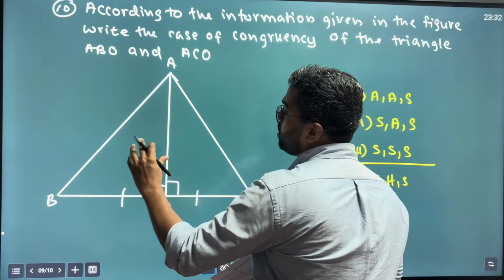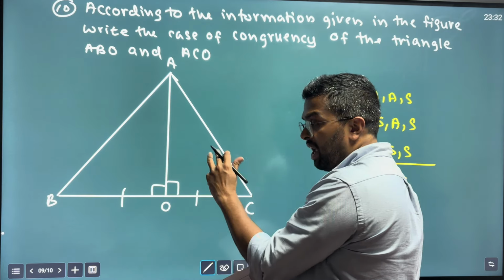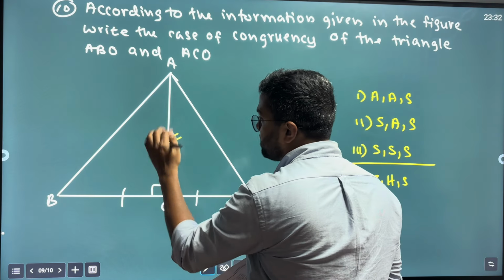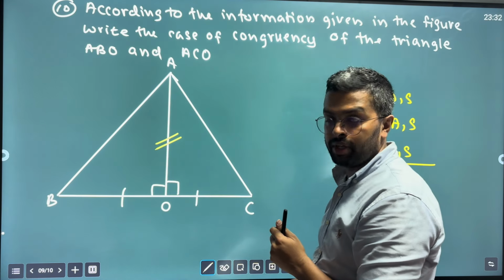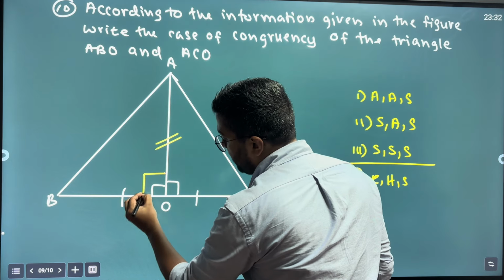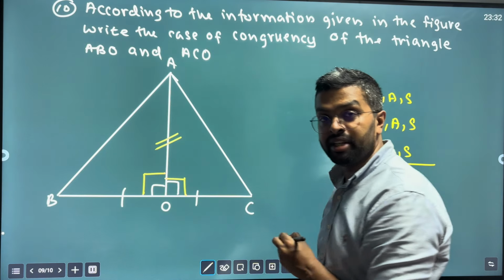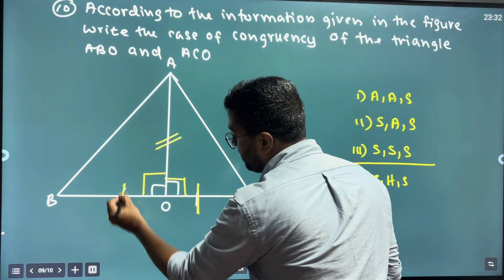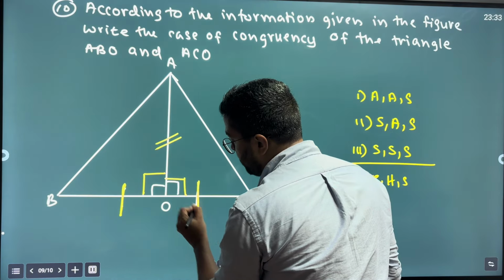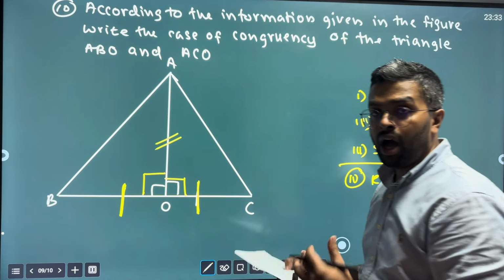Now when you consider this triangle and the other triangle, both have the same side, so one side is equal. This angle is 90 degrees, this angle is 90 degrees. The other two sides containing the 90-degree angle are also equal.